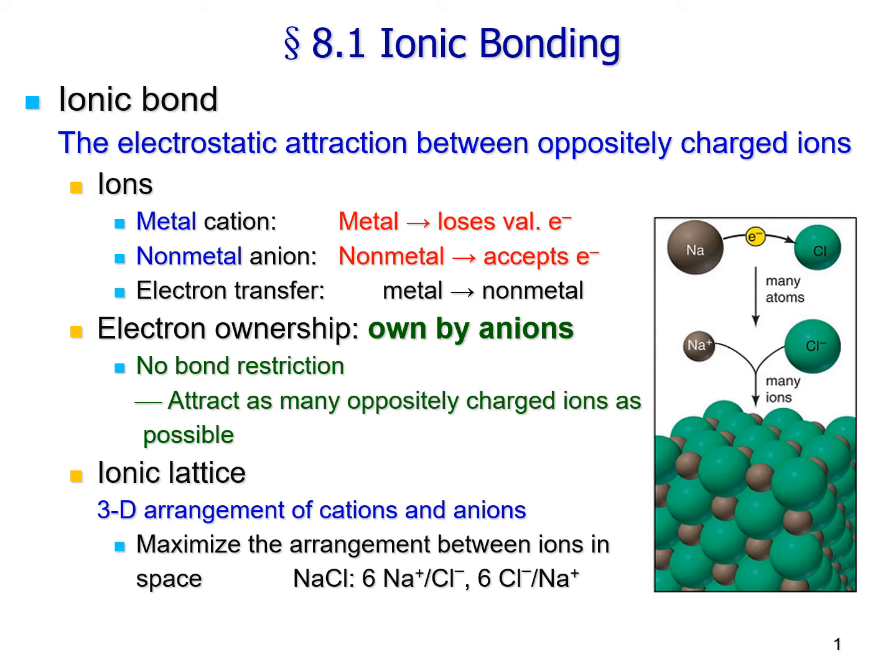And I'd like to remind you there's one behind and one in front. So there's a total of 6 sodium cations for each chloride. In order to make a charge balance, it has to be 6 chlorides for each sodium cation. In this way, they can maximize their attraction so that the lattices become very, very stable.